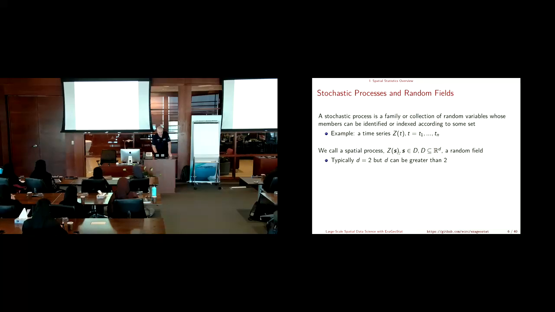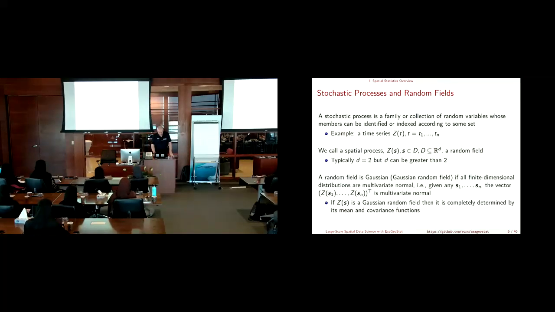So the index S belongs to a region D, where D often equals 2, say, for practical reasons here. And such a spatial process Z of S is called a random field. Now this random field can have different types of distribution, but one of the simplest and most popular is the Gaussian distribution. So those are called Gaussian random fields.